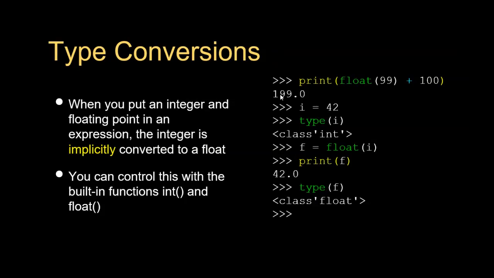So we add that to 100, you get 199.0. What's the next one? i equals 42, we do a type, it'll tell us it's an integer. f equals float(i), so f is now equal to 42.0. So we print it out and there it is. And type of f is float.